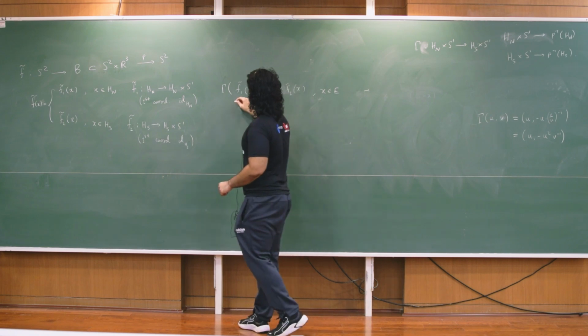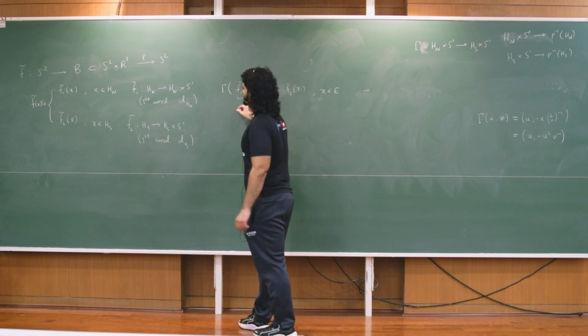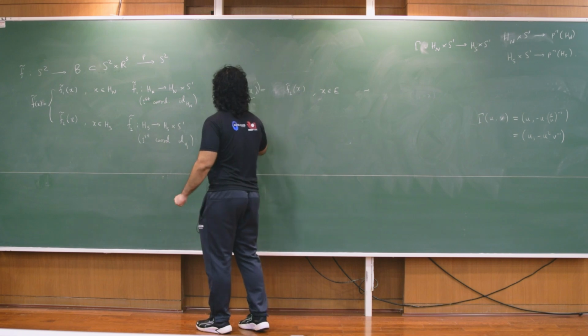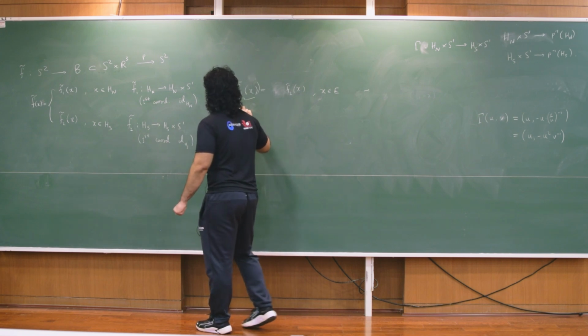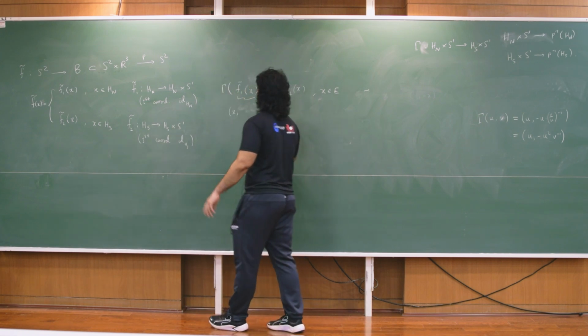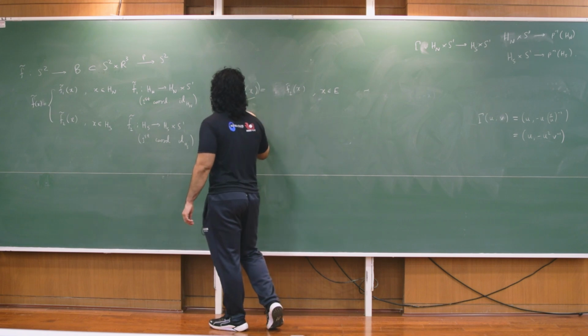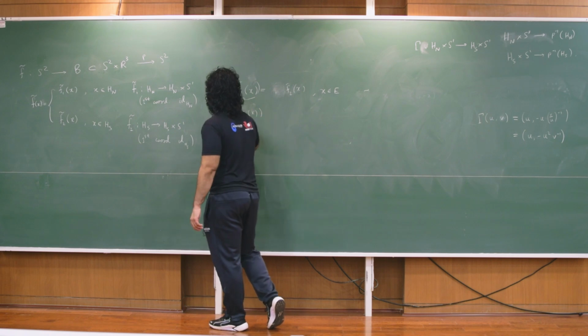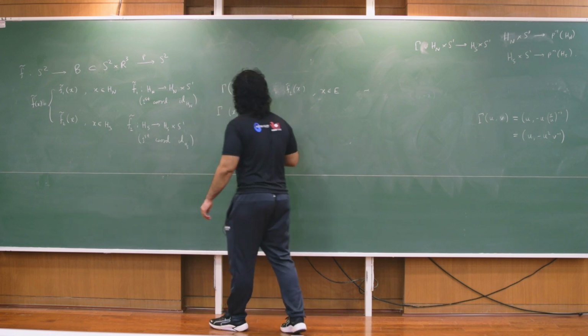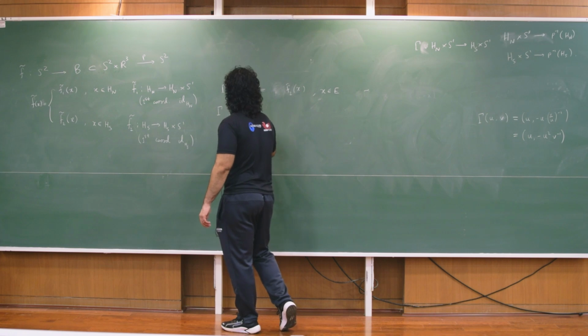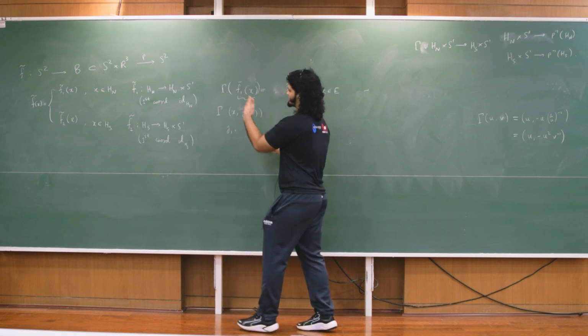So what will f1 tilde look like? It will have first coordinate identity, and the second coordinate will be something unknown. So let's call that, I don't know, g1 maybe. So you are applying gamma to this thing, where g1 will now be a map from Hn to S1.